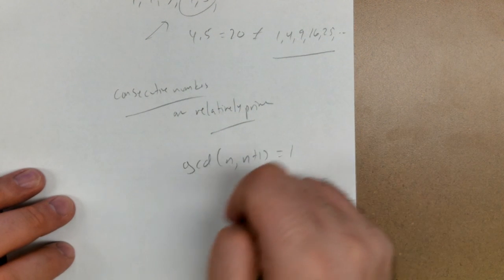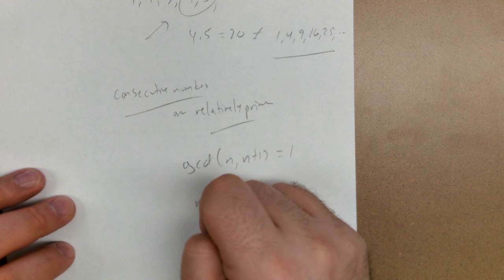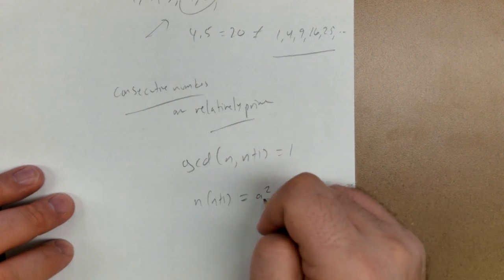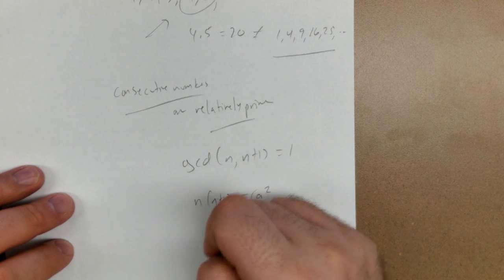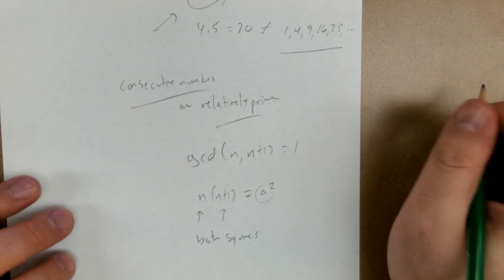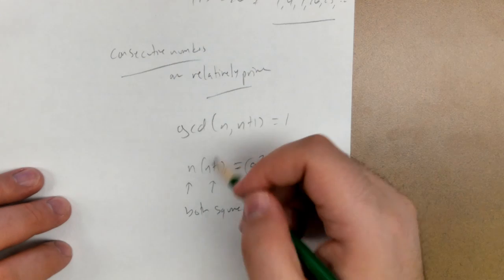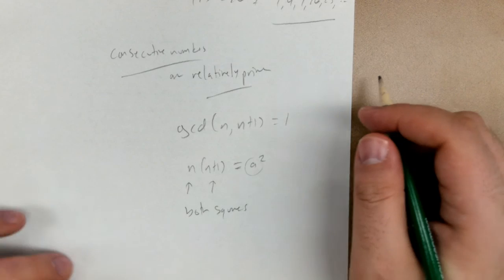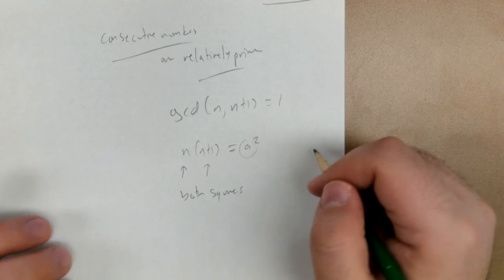So if I want n times n plus 1 to be a square, the only way I'm getting those factors is if these are both squares. Otherwise, this doesn't make sense, because it's not like I can get one copy of a factor here and another one over there, since they don't share anything in common.